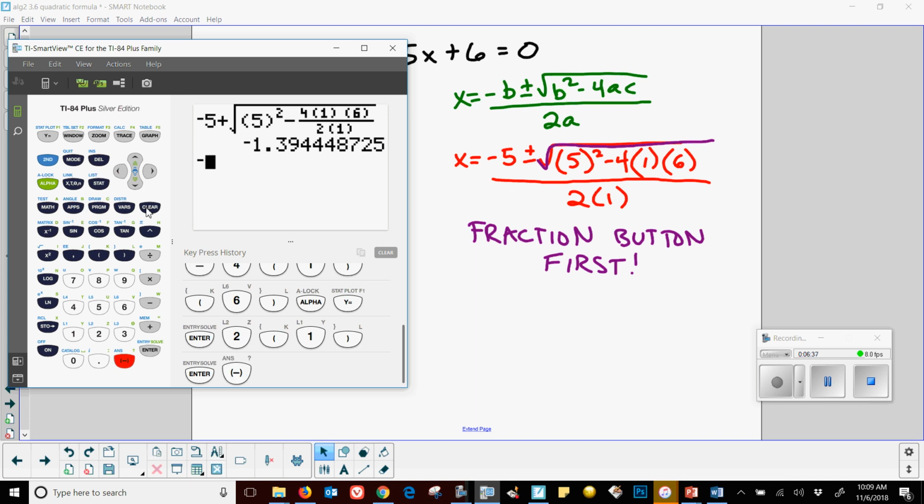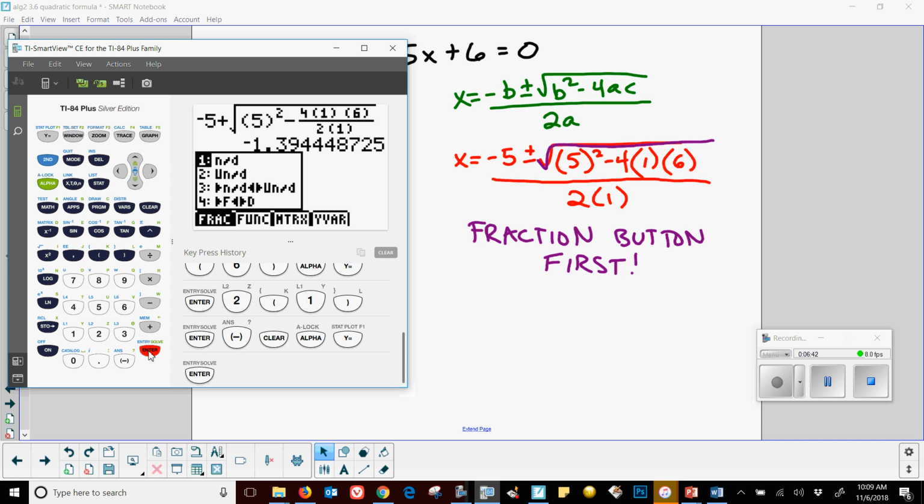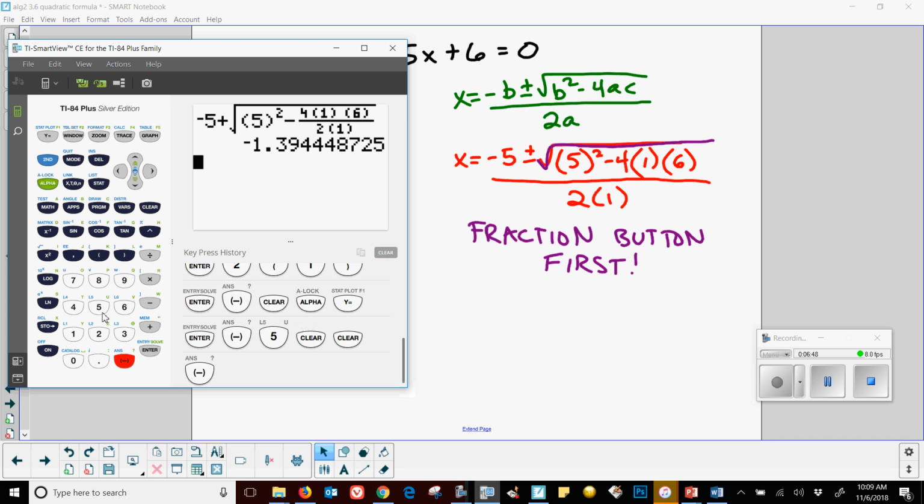So this time we want to make sure we get our fraction first before we even type in the negative 5. Because if we don't, and we do negative 5 and then try to get a fraction button, it ends up being really weird.